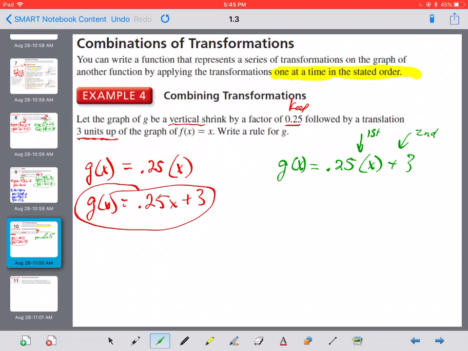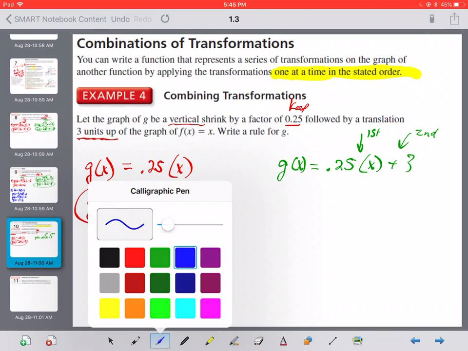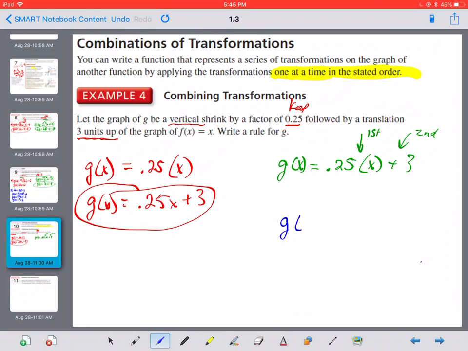Okay. If we wanted to raise it 3 units up and then shrink it by a factor, okay, that would be a different problem. If we wanted to do that, we'd put the 0.25 on the outside, and we put the plus 3 inside because we'd want to add the k to the back of the equation. Then we want to do the multiply, and the parentheses help us set that off.